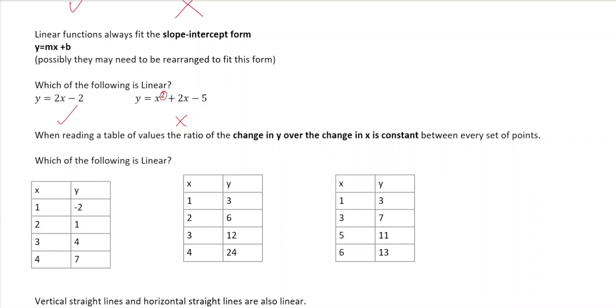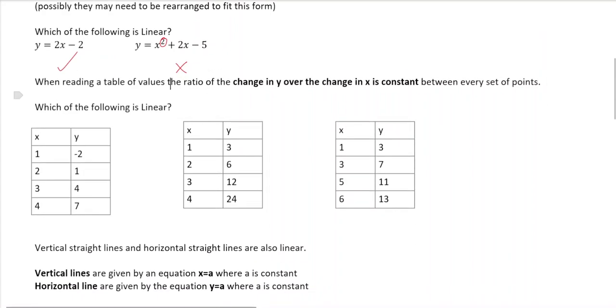So let's keep going. So those are equations, how to tell the difference there. What about a table of values? So table of values, the ratio of the change in y over change in x has to be constant between every set of points. So the first one is going to be nice and easy. So what is happening here is plus 1, plus 1, plus 1. What is happening here?